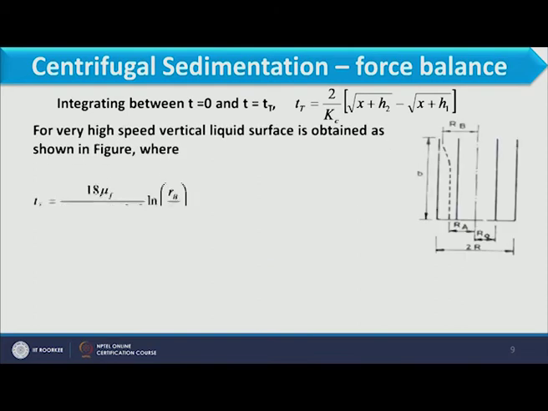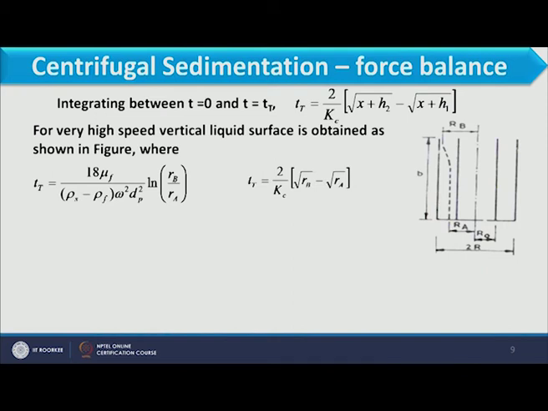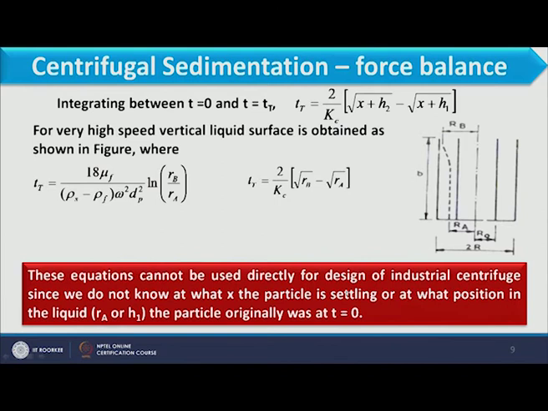After replacing, we can get the final residence time for the laminar zone as well as the turbulent zone. However, these equations cannot be used directly for the design of an industrial centrifuge, since we do not know at what x the particle is settling or at what position in the liquid, Ra or H1.